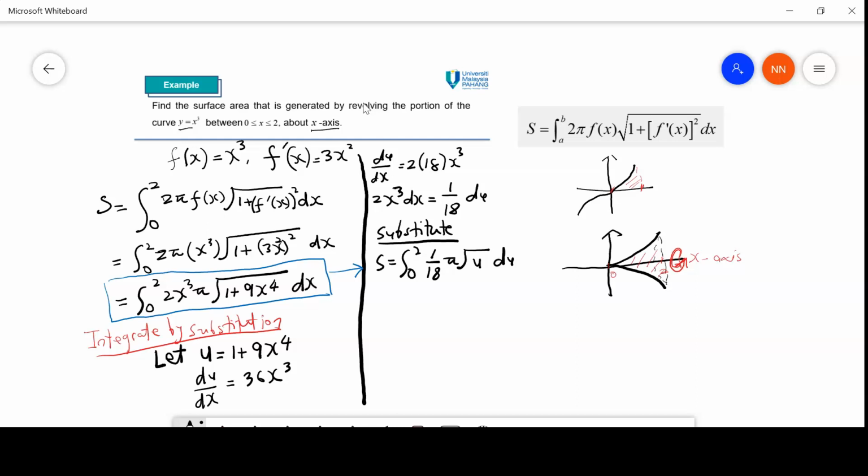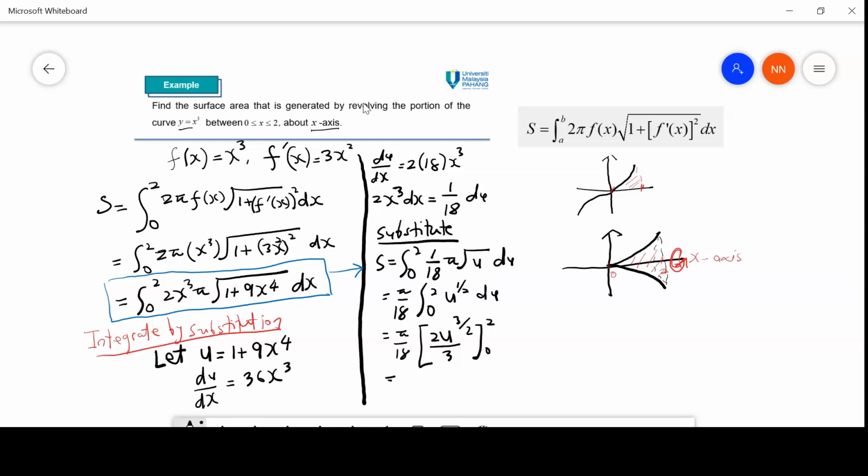So everything here is a constant, so you bring it outside. So I have pi over 18 integrate from 0 to 2 of u power half du. So now I should have pi over 18 times u power 3 over 2, and then divide by 3 over 2, which is 2 over 3, from 0 to 2.